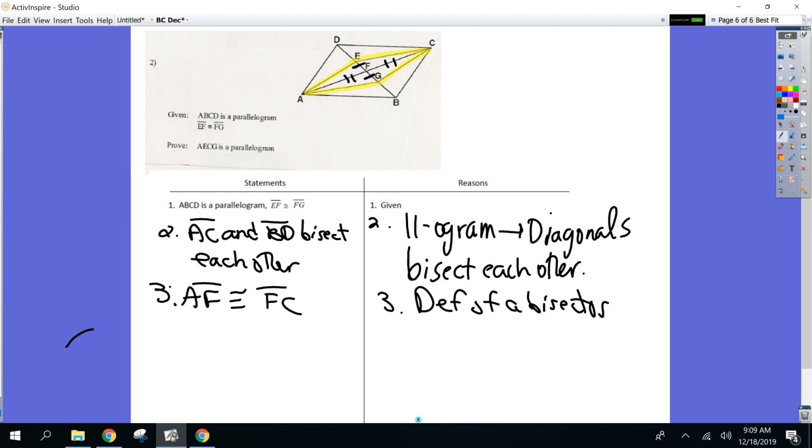Come on, shout it out. Diagonals bisect each other. You just told me that with your mouth, but did you ever tell me that in the statements? No. So you need to tell me AC and EG bisect each other. You can't just go right to a parallelogram.